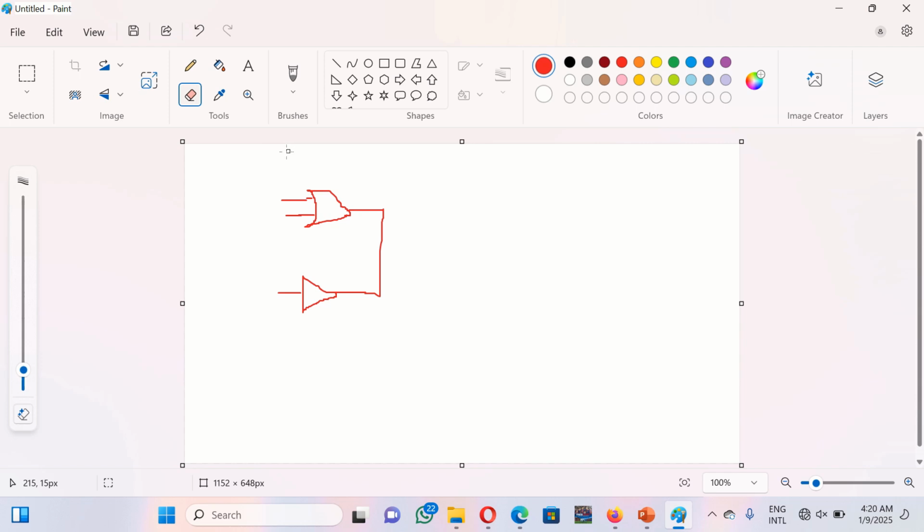or we can still have the NOR gate in this form. So the NOR gate can also be drawn in this form, where we have this here, and then it goes down there.